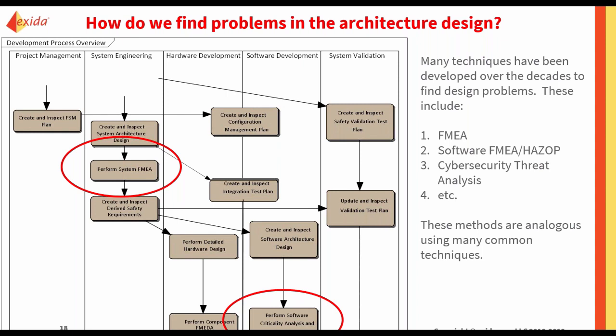Software FMEAs, sometimes called software HAZOPs, which were created more recently, and Cybersecurity Threat Analysis, which is created even more recently yet. I'd say that's less than 10 years old, but I have to go look it up to be sure, so don't quote me on that.